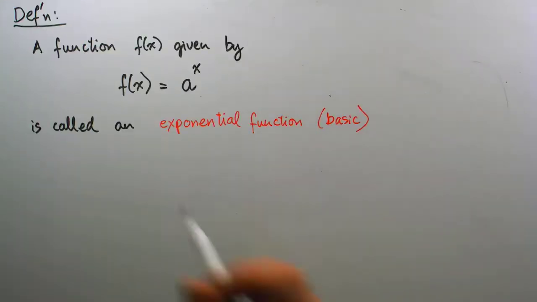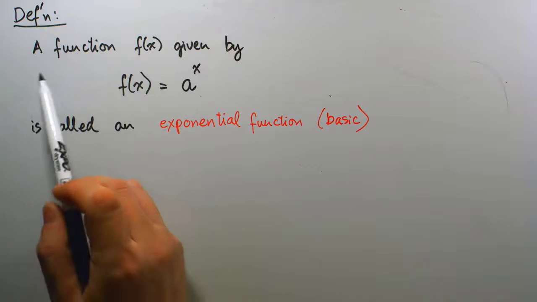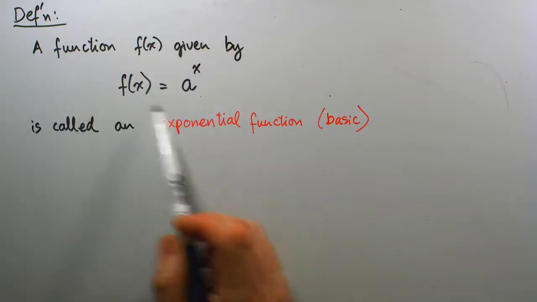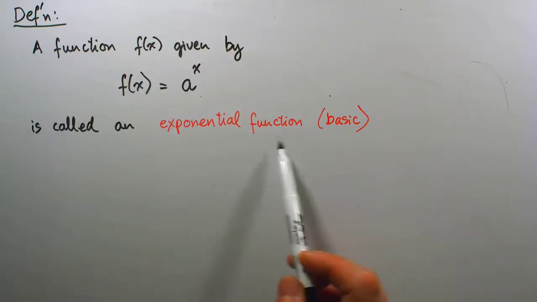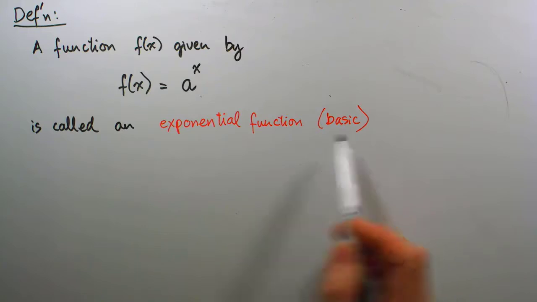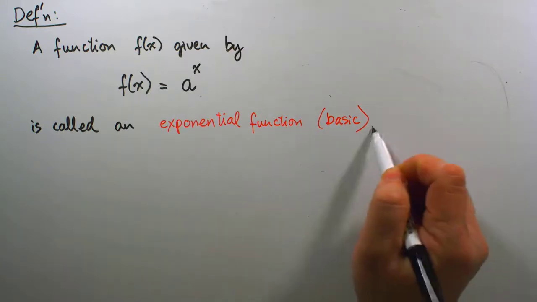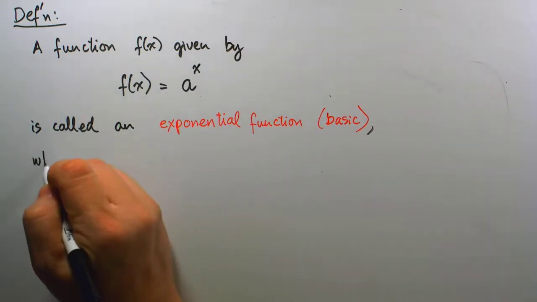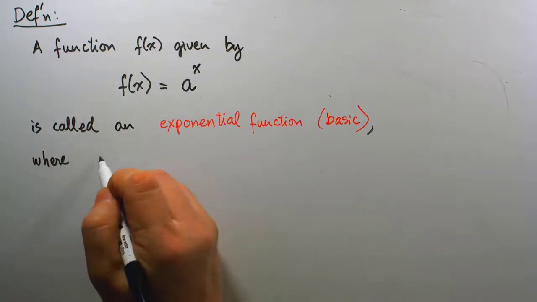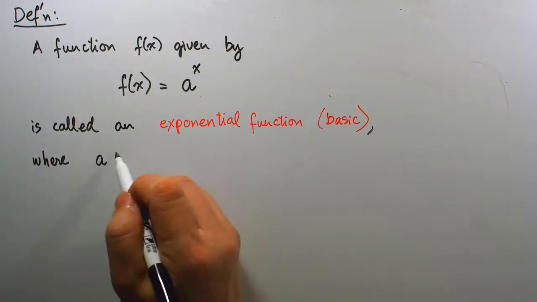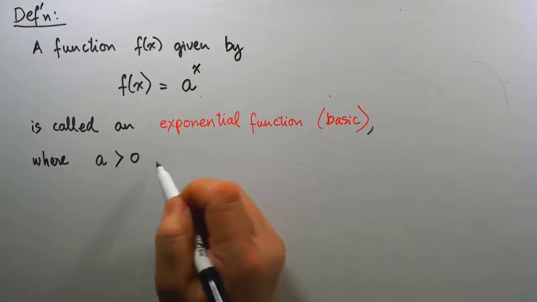And so now back to the formal definition. A function given by this form right here is called an exponential function, and as a matter of fact, a basic exponential function, where the requirement here is the base a must be a positive value.